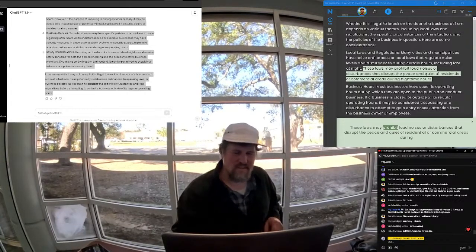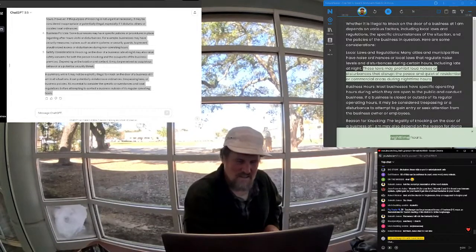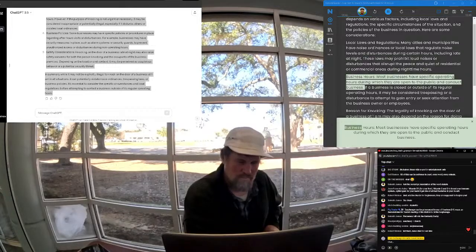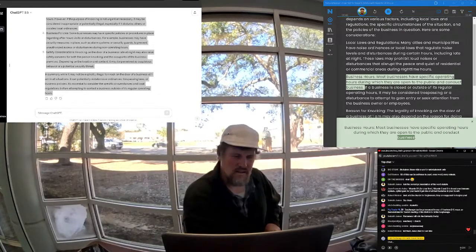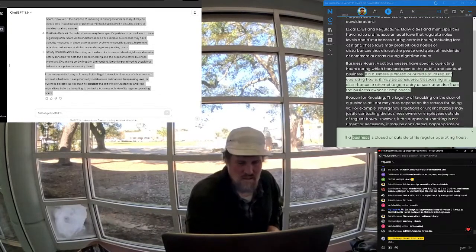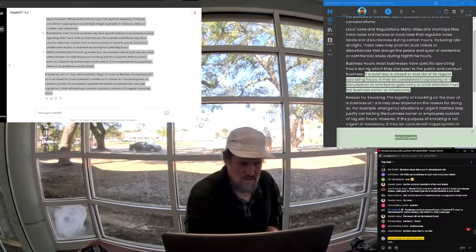These laws may prohibit loud noises or disturbances that disrupt the peace and quiet of residential or commercial areas during nighttime hours. Business hours. Most businesses have specific operating hours during which they are open to the public and conduct business. If a business is closed or outside of its regular operating hours, it may be considered trespassing or a disturbance to attempt to gain entry or seek attention from the business owner or employees.